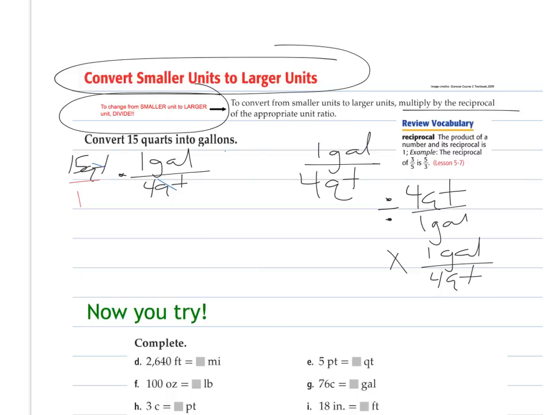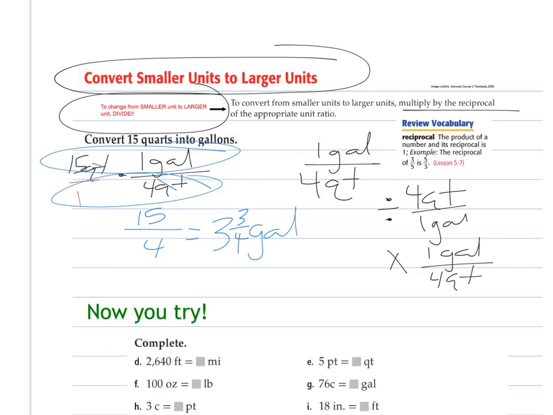So I'm really doing 15 times 1, 1 times 4, and that simplifies to be 4 goes into 15 3 times for 12, with 3 of the 4 remaining, and our unit was gallons. So you can write that as that, or 3 75/100. So multiplying by the reciprocal.